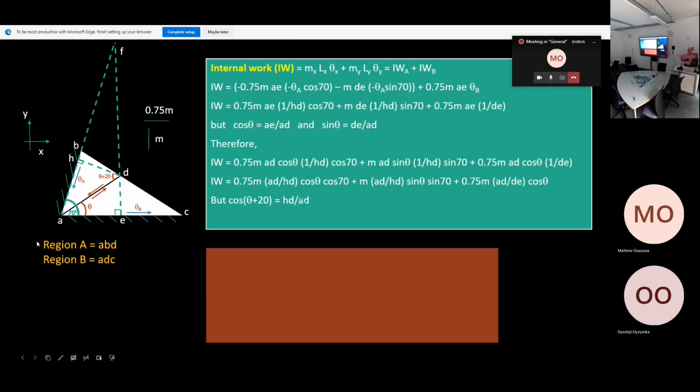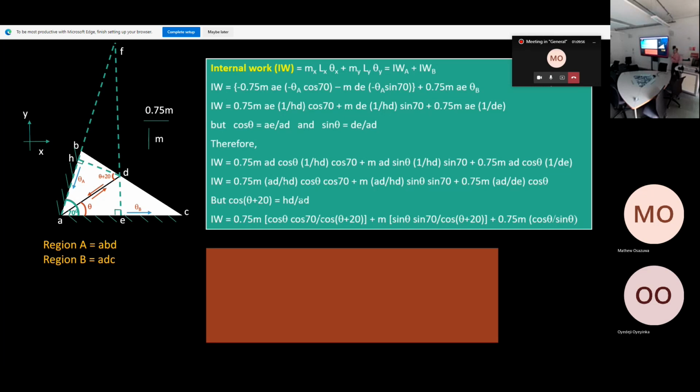So cos of theta plus 20 is equal to the adjacent, HD, over the hypotenuse AD. Here we've got AD over HD, so AD over HD will be 1 over this cos, which I have done here. So now I've got 0.75 times this expression in the bracket plus m times this expression in the bracket plus 0.7 m times this expression in the bracket.